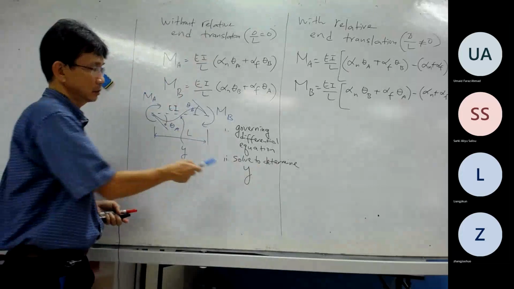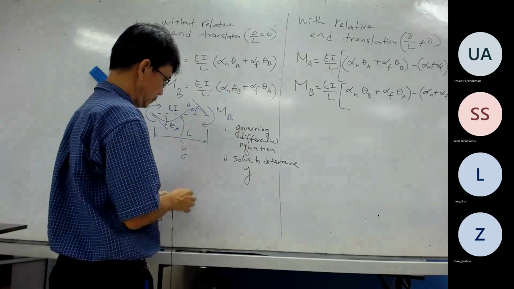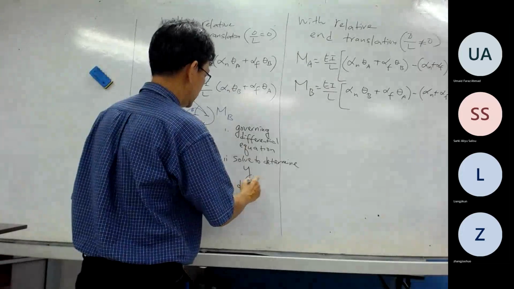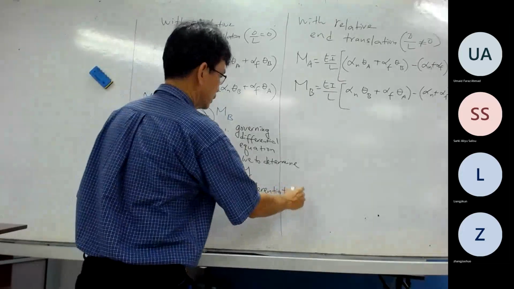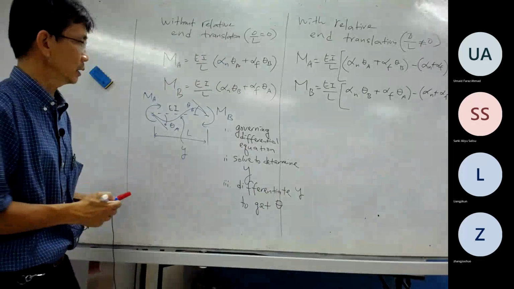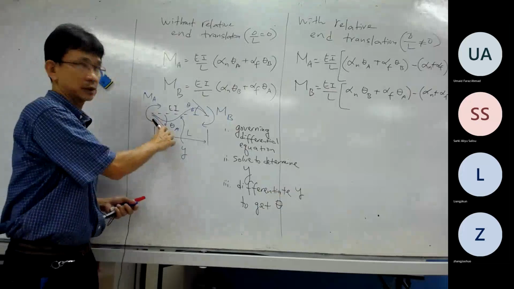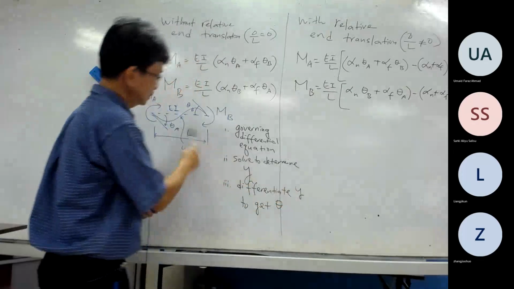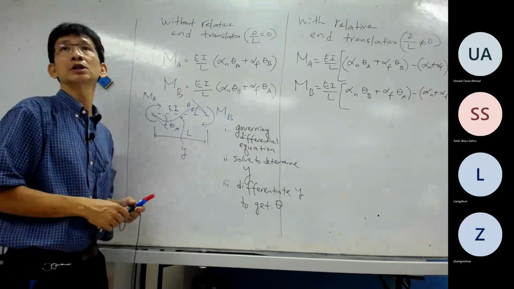After you get y, because you want to get the rotations, you differentiate y to get theta. If you do dy dx, you will get theta. So you differentiate y, which you obtained by solving the governing differential equation, and you get the equation for theta.